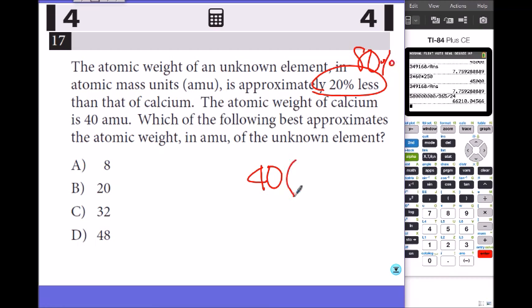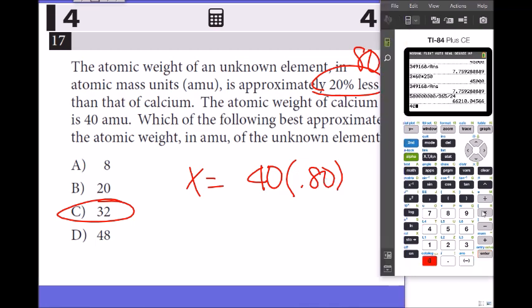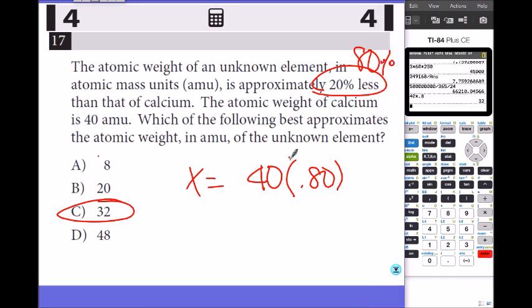So you multiply by 80% to get the weight of the unknown element, which can be written as 0.8. 4 times 8 is 32, with 1 decimal moving. Or 40 times 0.8 is 32, right? If it's 20% less, that means it's 80% of 40, so you multiply.